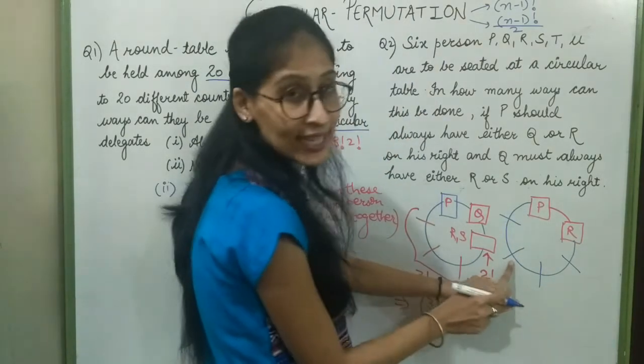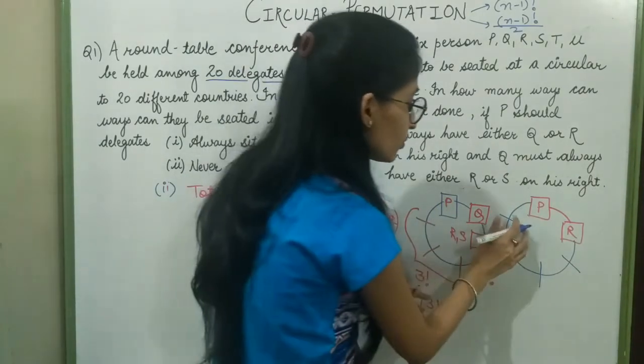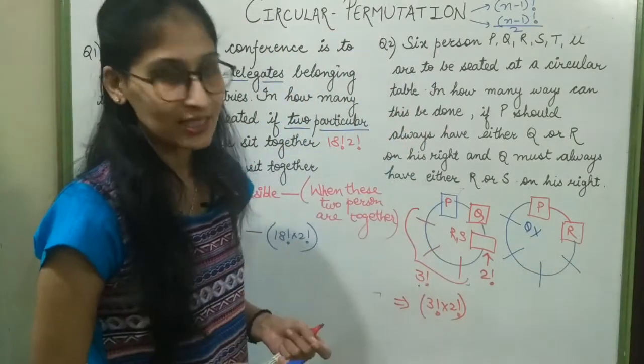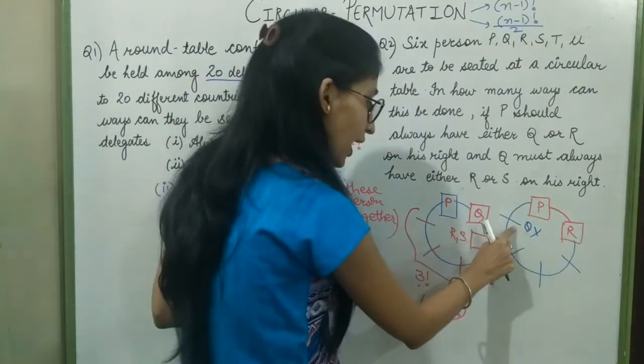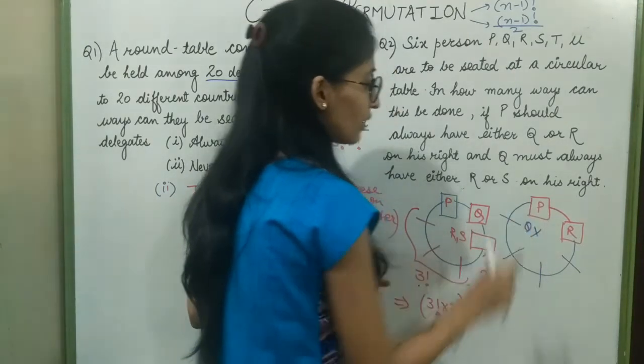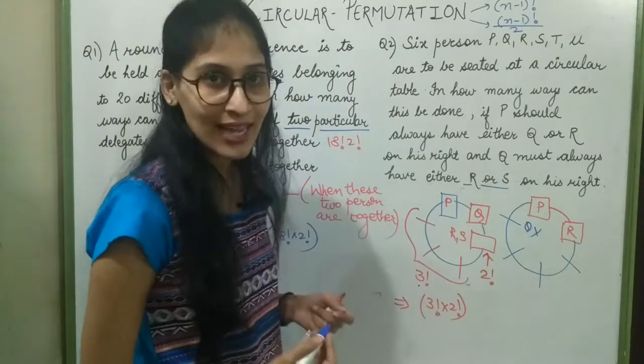If Q is seated here, S can be seated here. But Q can never be seated on the left of P, because if I make the seat of Q here, on his right, P will be there, but I want R or S on his right.